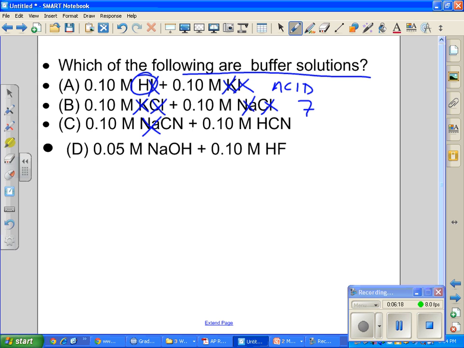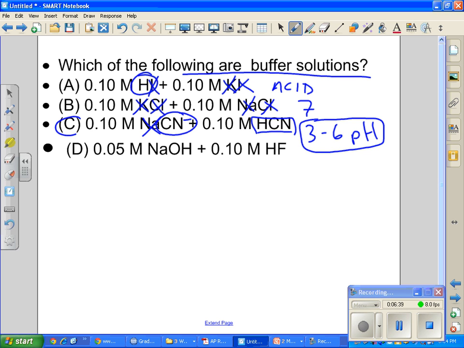Here, heartbreaker, I have CN minus and HCN, a weak acid, so I have a weak acid and its salt, or conjugate. The pH of any weak acid solution is going to be around 3 to 6, generally, unless it has a high molarity. So you want to remember that: the pH of a weak acid is between 3 and 6.